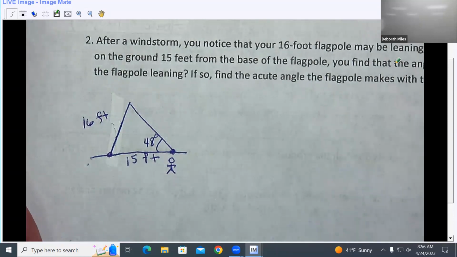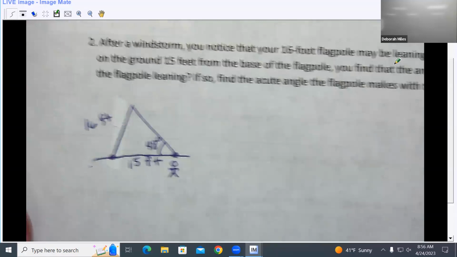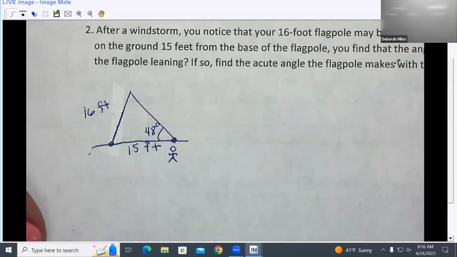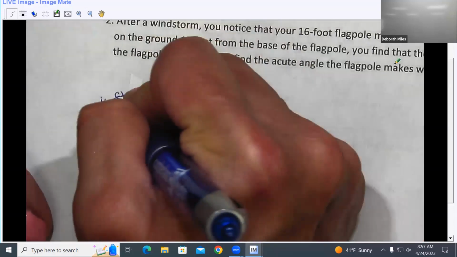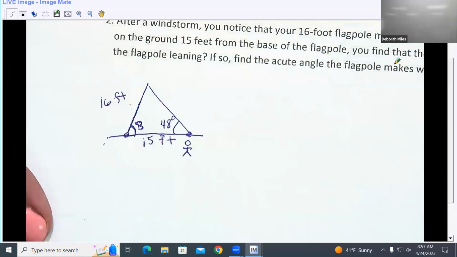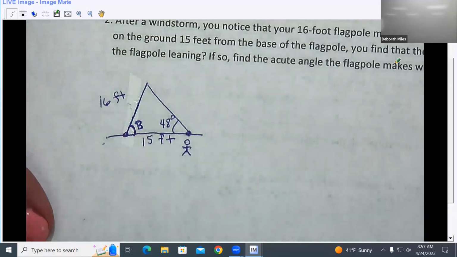Is the flagpole leaning? What is that even asking me to find? We don't know if that, I'm labeling it angle B, is 90 degrees. So what would be my equation?